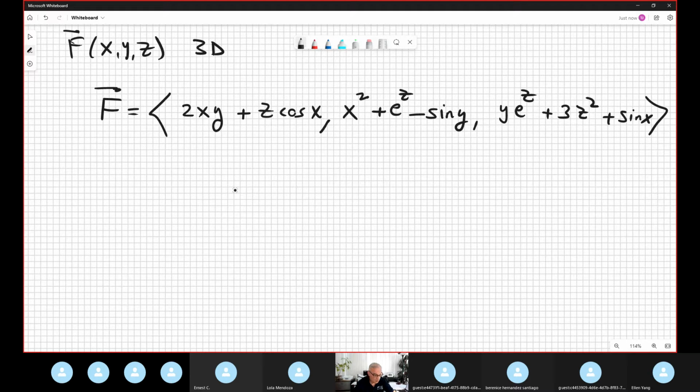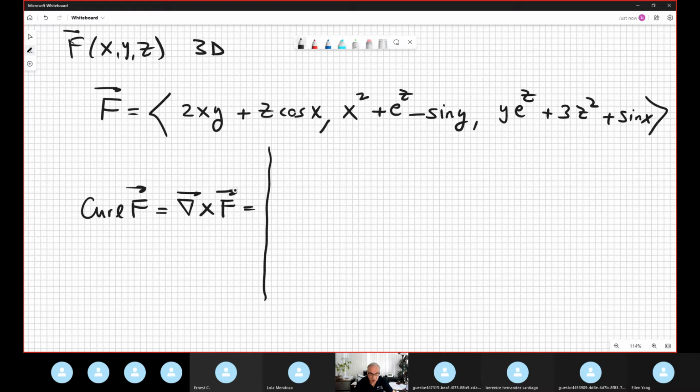Don't be scared. The first job is to compute the curl of this vector field. Remember, in 3D, the curl is a vector, not a scalar function. The other notation that we studied, remember, was del cross product F. Either way, the way that you prefer.